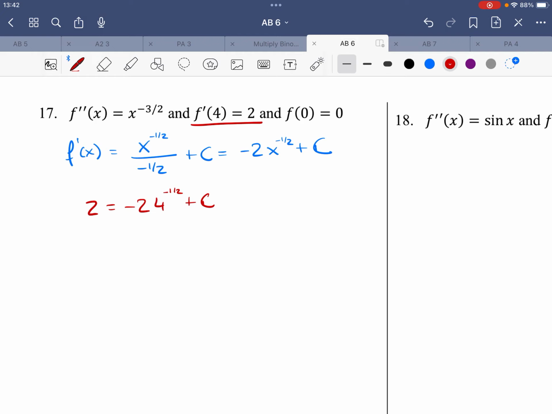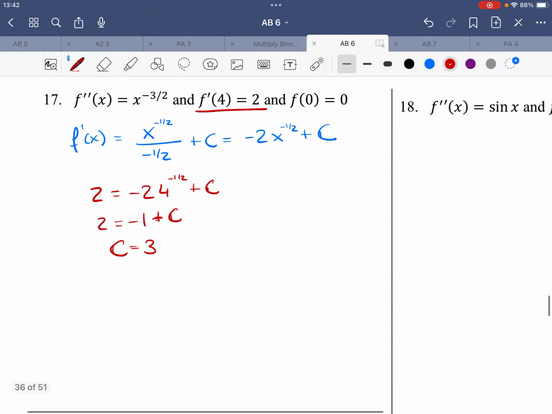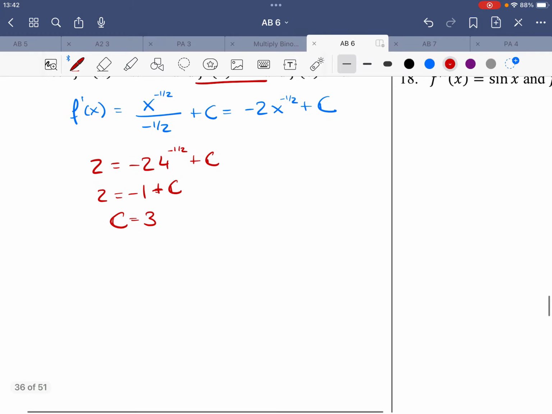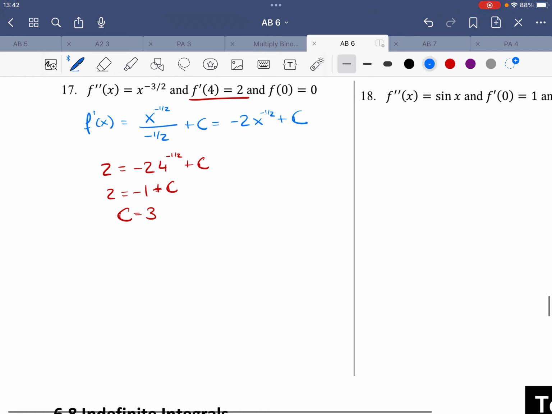With the negative exponent it's going to be 1/2, times 2 is going to be 1, so this is negative 1. And if I add 1 on both sides, I get that c equals 3. So now that I have that, I can rewrite my derivative. F prime of x is what I had before, but now instead of plus c, I can write plus 3.